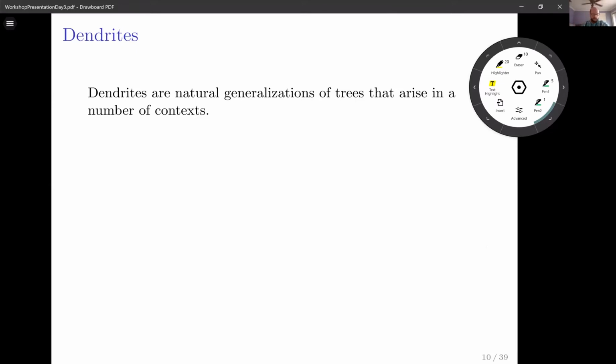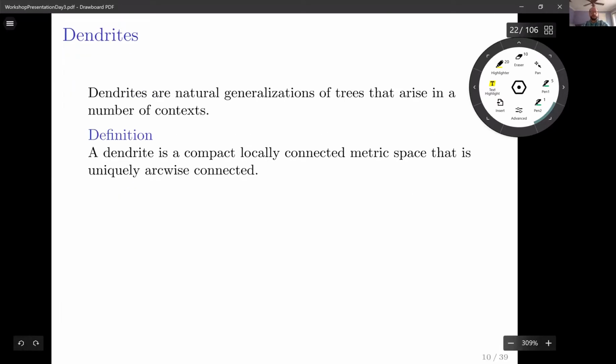And if you've had a course on continuum theory, you've seen these, but for those of us who maybe aren't super familiar with them, a dendrite is by definition, well, a dendrite is a lot of things, but equivalent to most definitions, a dendrite is a compact, so we're dealing with compact, locally connected metric space that is uniquely arcwise connected.